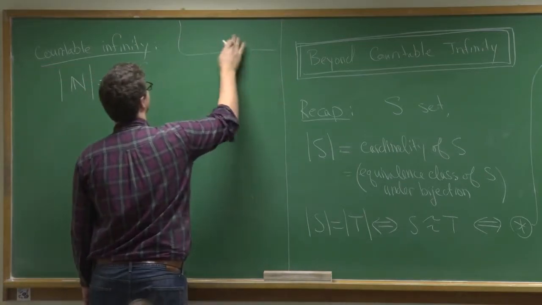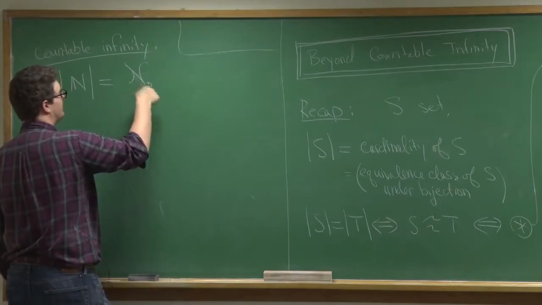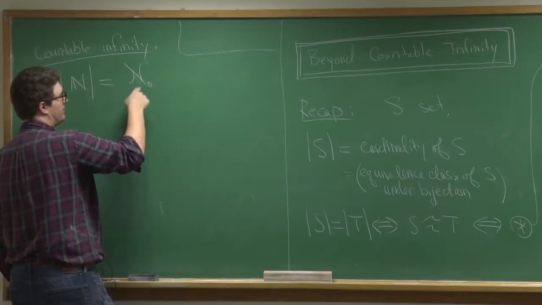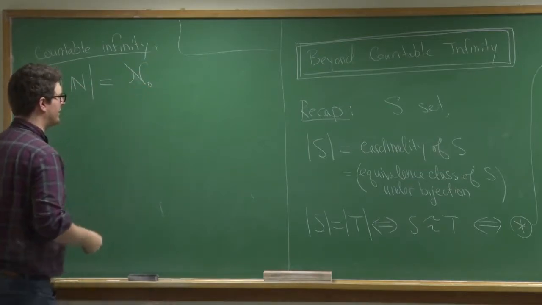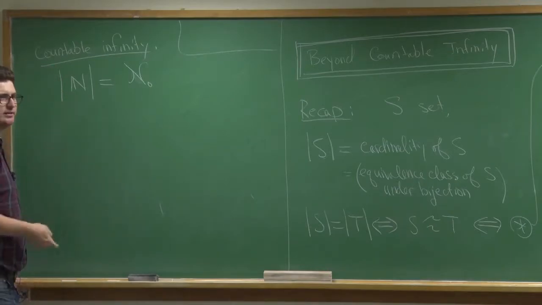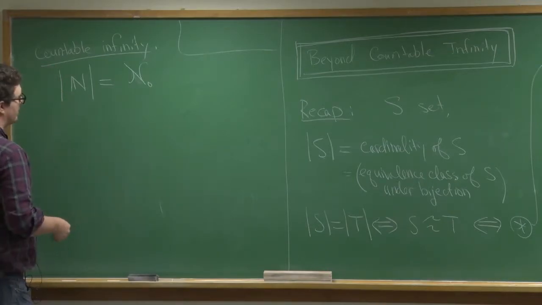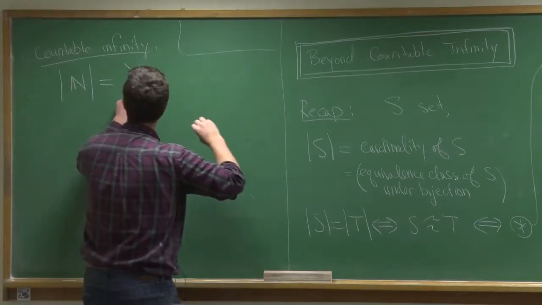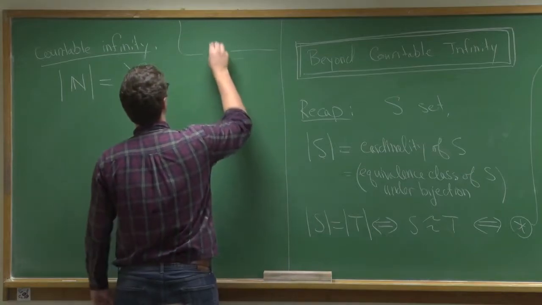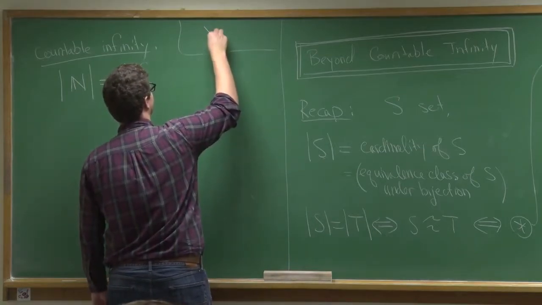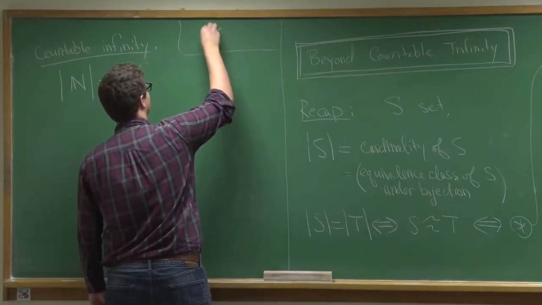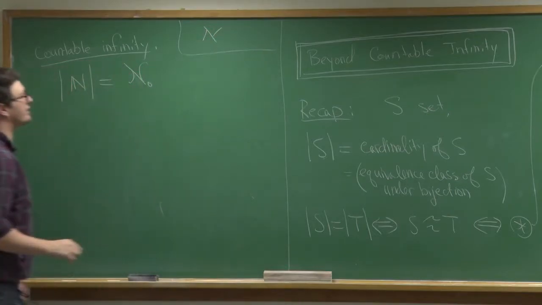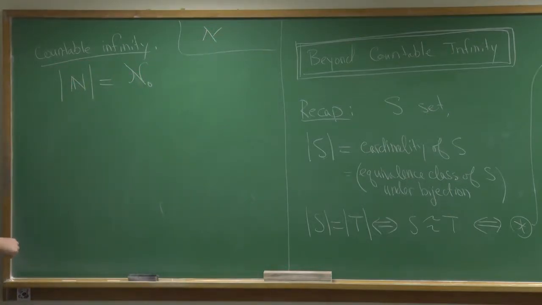This is the Hebrew letter, aleph. Hebrew is a lot like Greek: aleph, bet, gimel, and then it goes on. So this is like A, the first infinity. Another way to write it is a line with two sticks coming out, and people write it like that sometimes. All right, so this is the countable infinity.